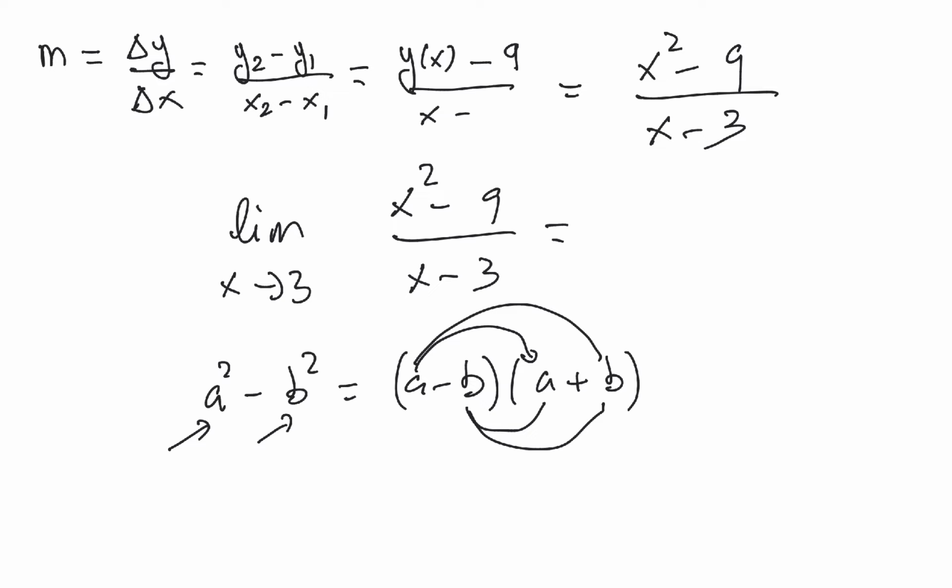Perfect. So what is the limit when x approaches 3, when the point Q is approaching the point P, of x squared minus 9 divided by x minus 3? I will write x squared minus 9 like x minus 3 multiplied by x plus 3, and divided by x minus 3.